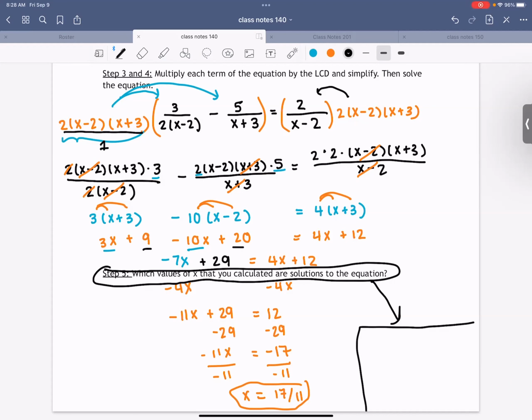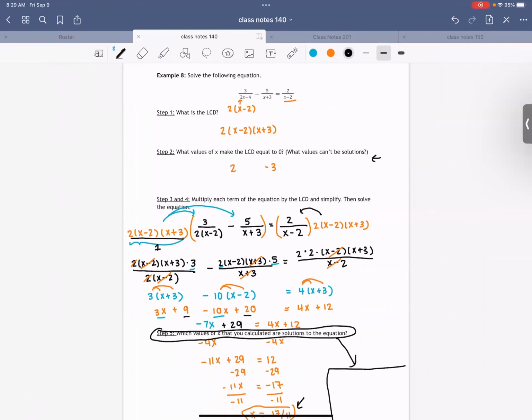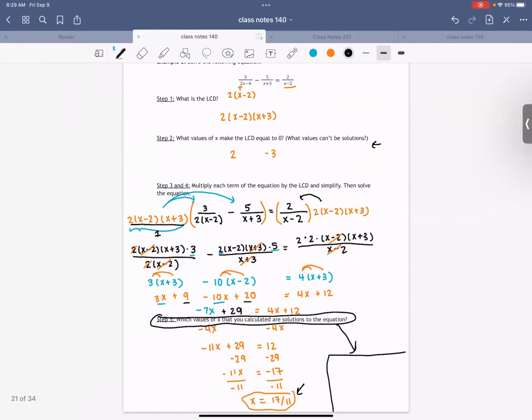Let's talk about step number 5. I want to know which values of x that I calculated are solutions to this equation. Essentially, what this question is asking me to do is take my answer from part 4 and compare it to the values that can't be solutions. For example, if I did all of my work and got x equals 2, that can't be a solution because in step 2 I said it can't be a solution.